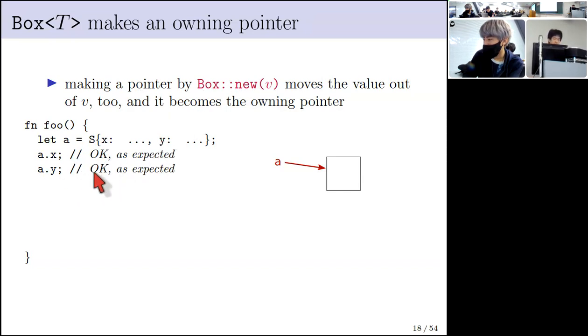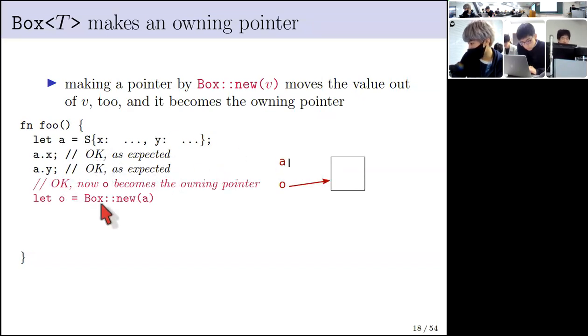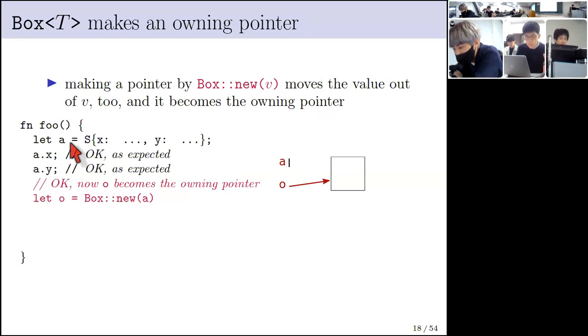Let me illustrate this with a similar example. Like before, I make a structure of type S, and A points to it. And we now make an owning pointer, or box, with this expression. Actually a very similar thing happens as before. The new variable now points to the original data structure created here, but A can no longer reference it.